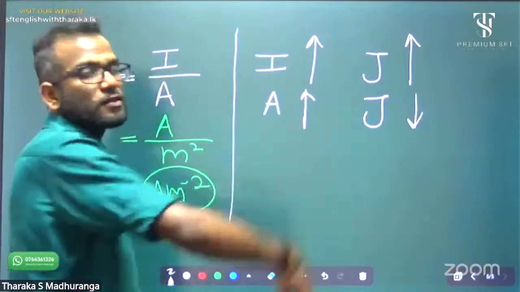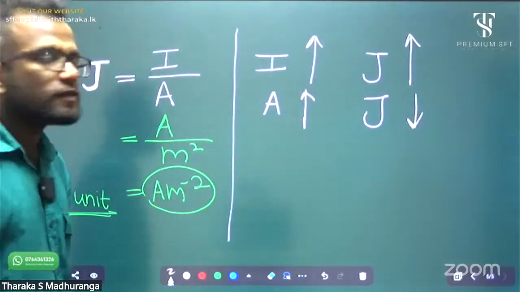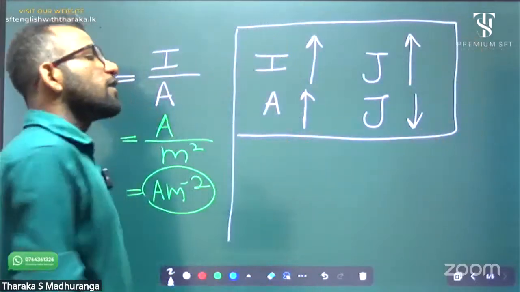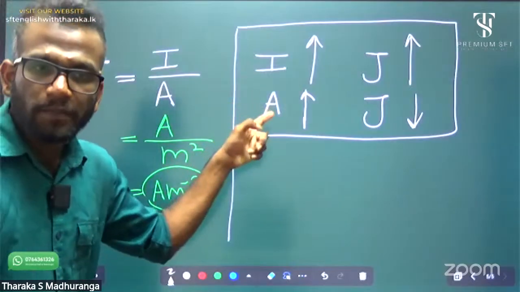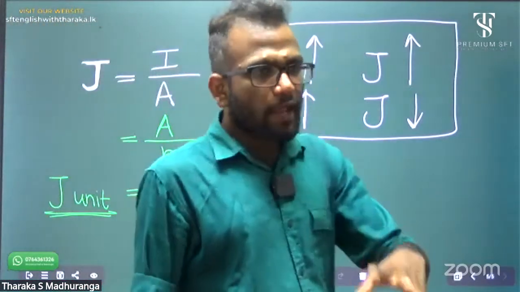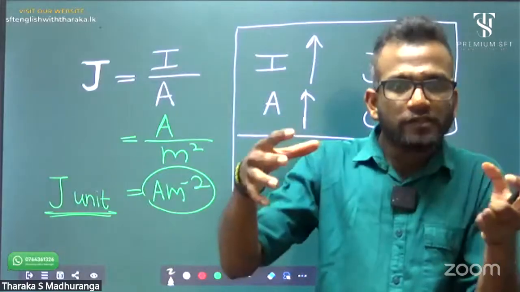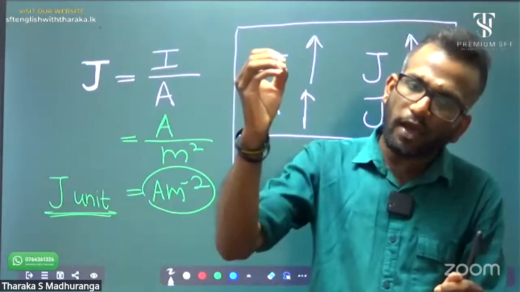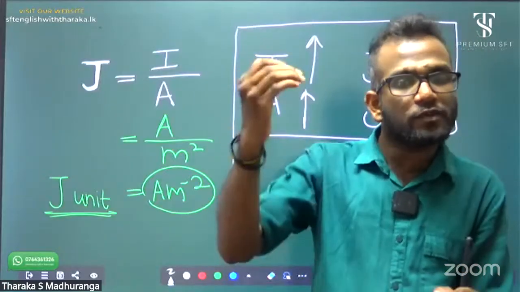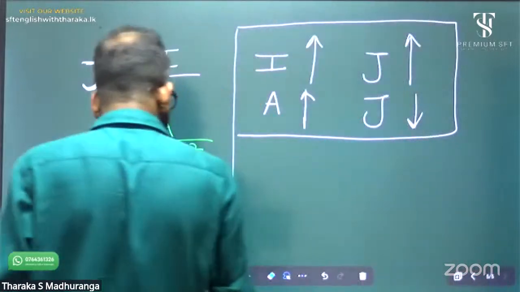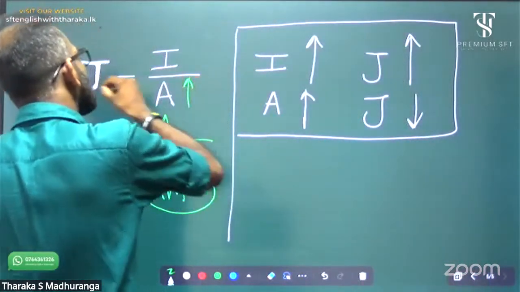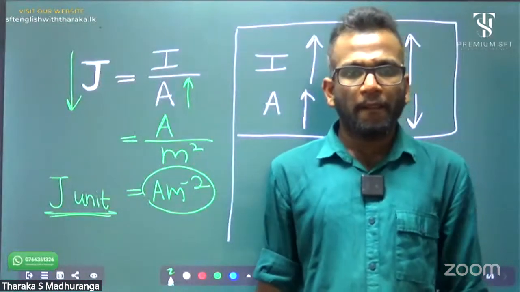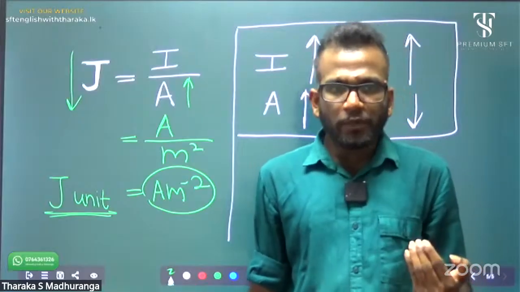It is inversely proportional. So by increasing the thickness of the conductor, we can reduce the current density. Did you get the point?